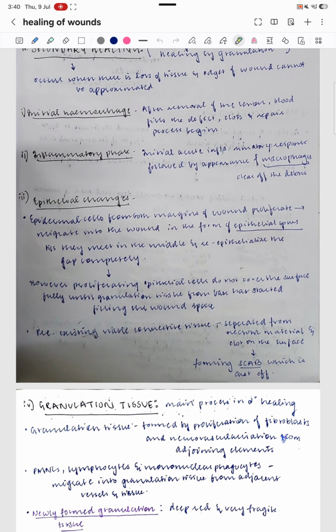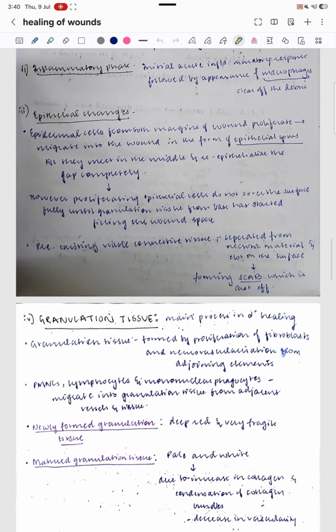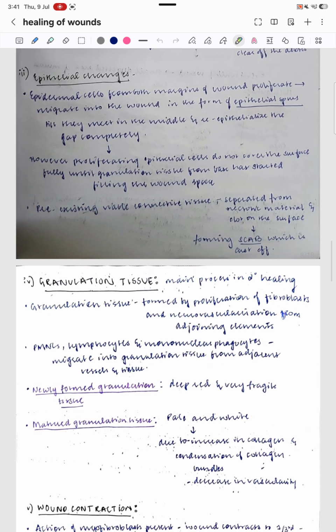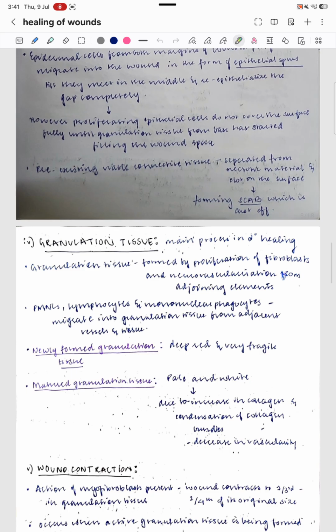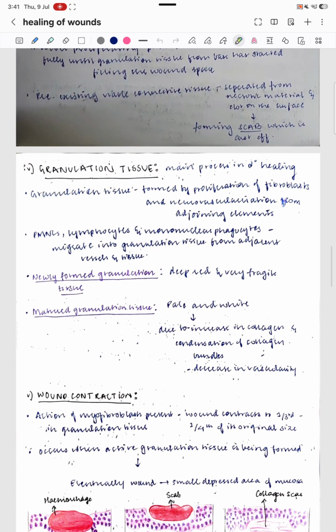But these epithelial spurs do not proliferate, rather there is granulation tissue formation. Okay, and the pre-existing viable connective tissue is separated from the necrotic material of the clot and scab is formed. Then this scab is cast off, then the granulation tissue proceeds with secondary healing.